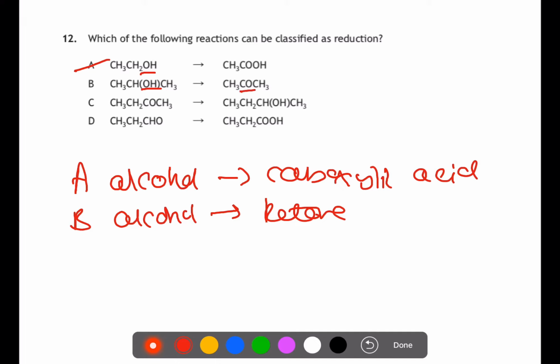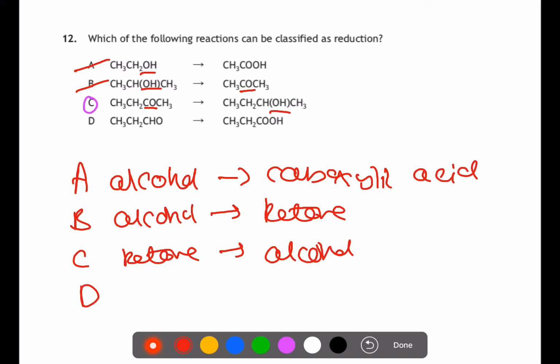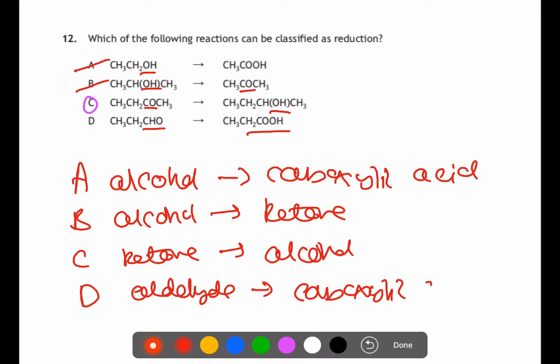So that is also oxidation. In C, we have a ketone becoming an alcohol. So this one would be reduction. If we check D, we have an aldehyde, and that is going to a carboxylic acid, which is oxidation. So C is the reduction.